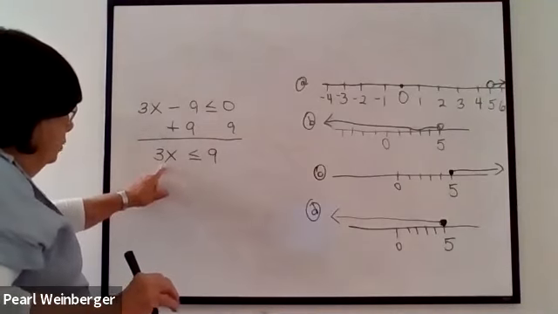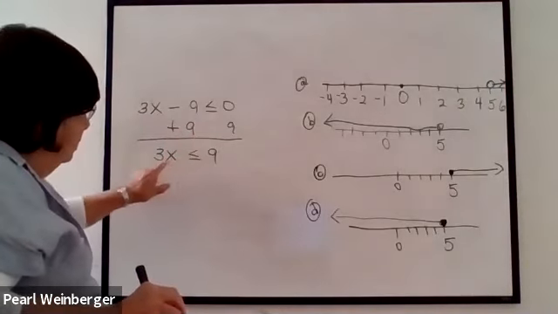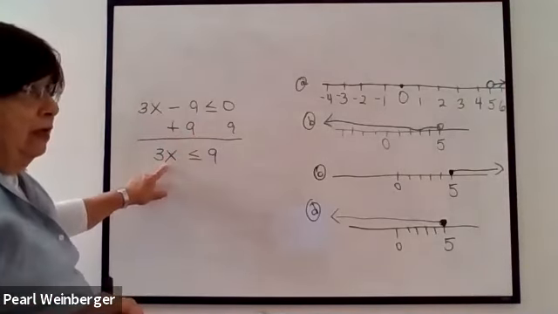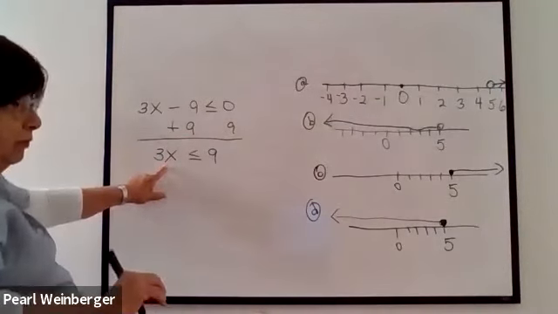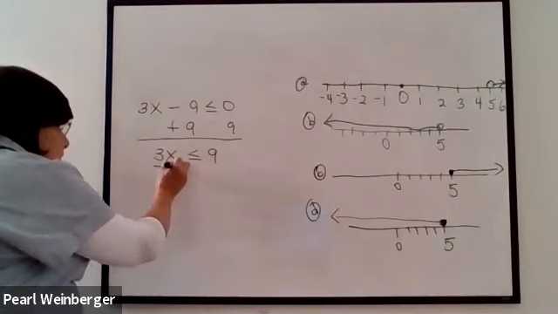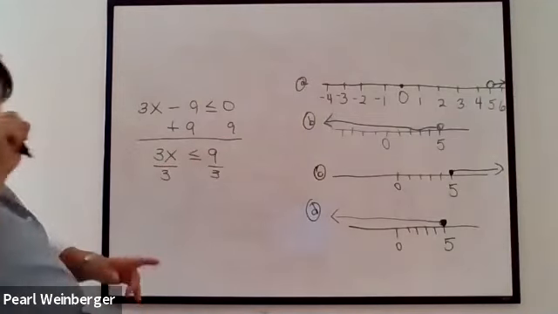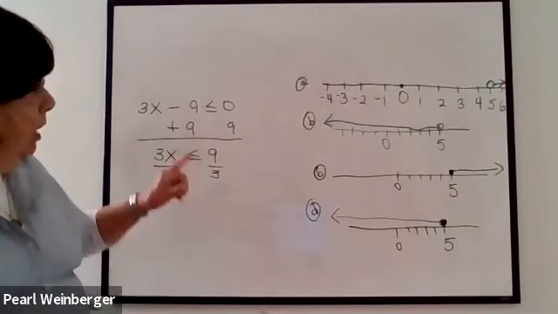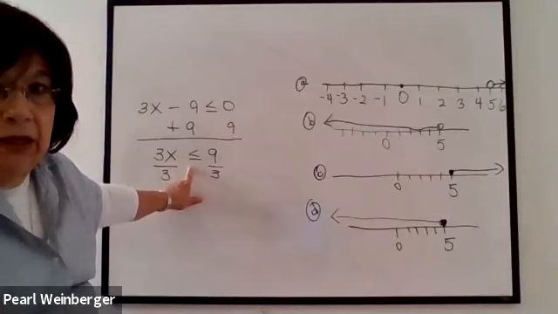The next thing we do, once I have just the x's on the left and the numbers on the right, is divide by the coefficient of the x. What number is in front of the x? There is a 3. So I'm going to divide both sides by 3. And now we can talk about the exception. You leave the sign of the inequality the same.